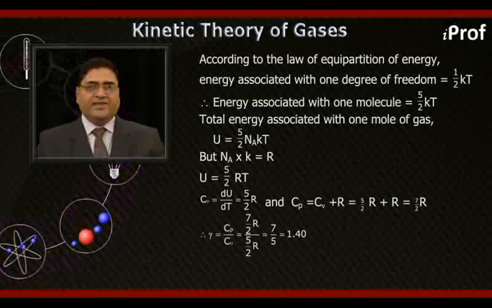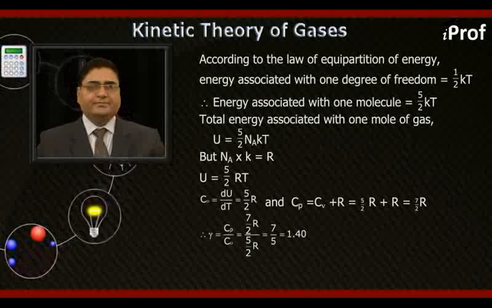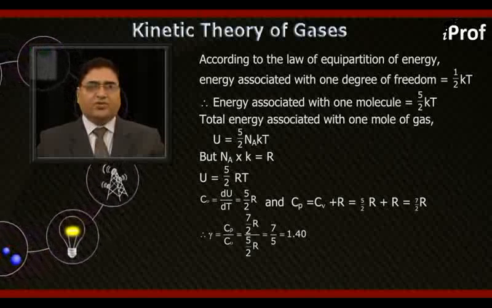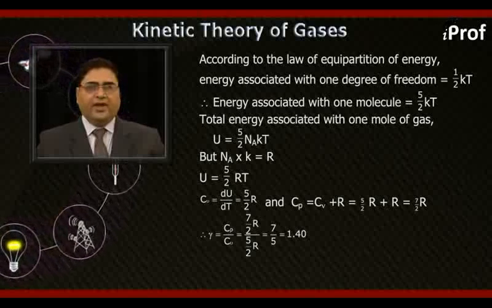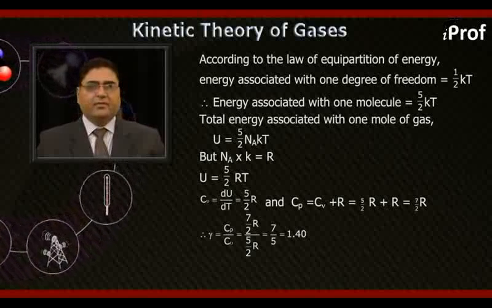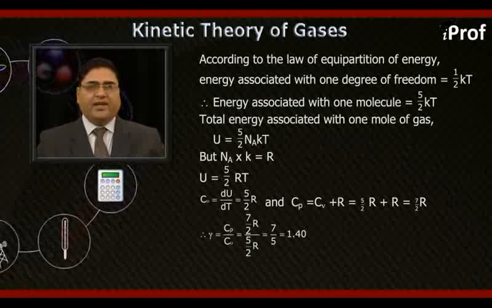Therefore, energy associated with one molecule equal to 5 by 2 kT. So, total energy associated with 1 mole of a gas U equal to 5 by 2 Na kT. But Na into k equal to R, so U equal to 5RT upon 2.